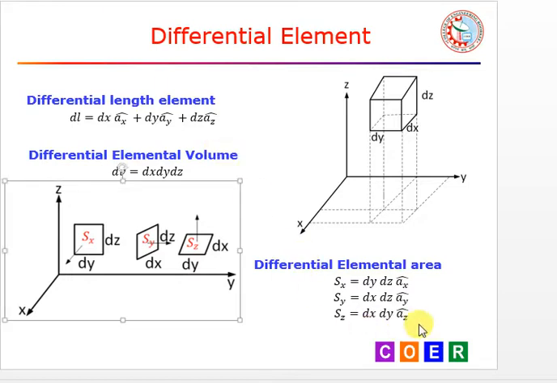Sorry for that, this expression will be Sz equal to dx dy unit vector az, because this is the plane which is placed in the xy plane. So its direction is perpendicular to the plane, so the direction is the z direction. So here we can write Sz equal to dx dy unit vector az.